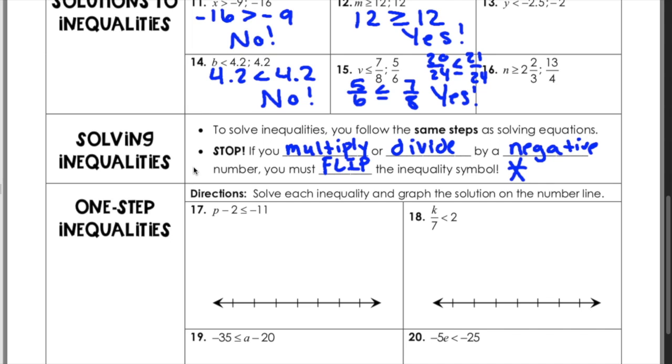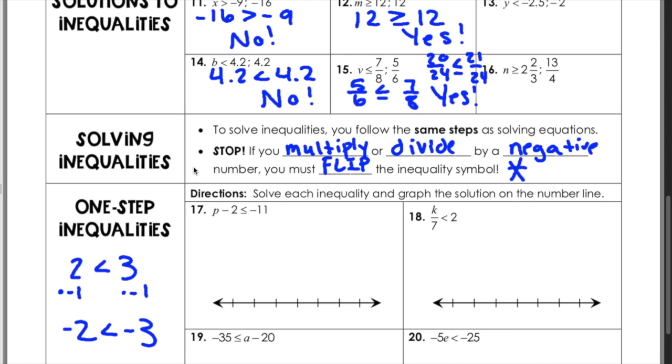So I'm going to show you an example of why we would have to flip it in the first place. So if I was looking at the inequality that 2 is less than 3, this is a true statement. 2 is smaller than 3. But let's multiply both sides by -1. So times -1 times -1. This becomes -2 is less than -3.